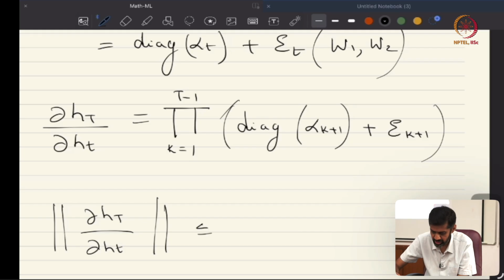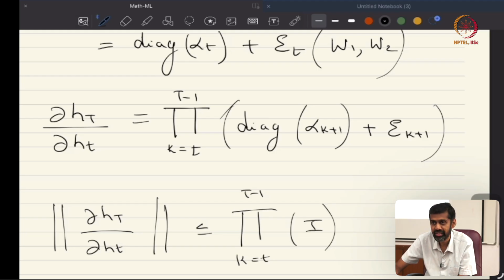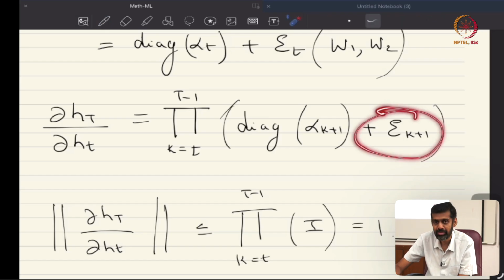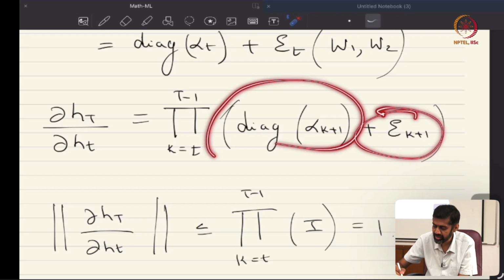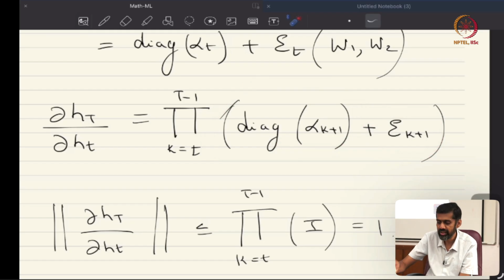There will be a norm of t to t minus 1, some identity here, because the diag of alpha k plus 1, you take alpha k and it will become an identity, which will be 1, that's it. So there will be that term. See now what happened, there is this additive term that comes up. This first term can still have gradients, without caring about the second term which has dependence on W.